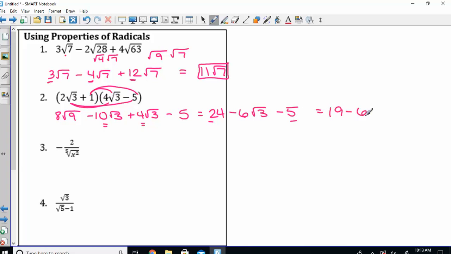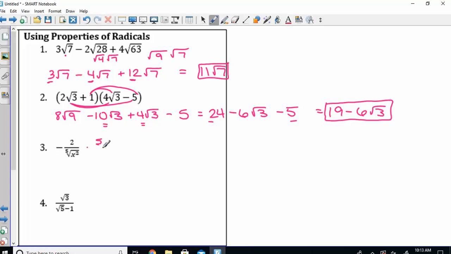Then I have 24 minus 5, 19 minus 6 radical 3. You guys remember doing all of this the past couple days? The last two on here focus strictly on what we did yesterday with getting the radicals off the denominator.